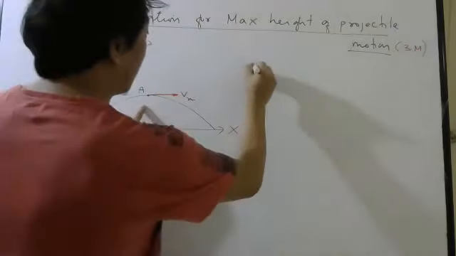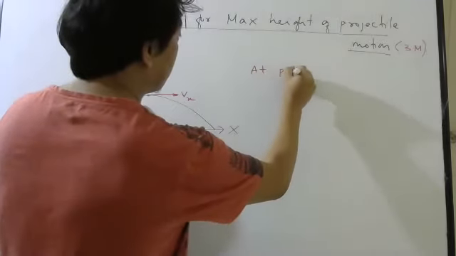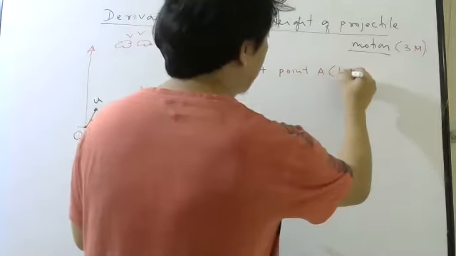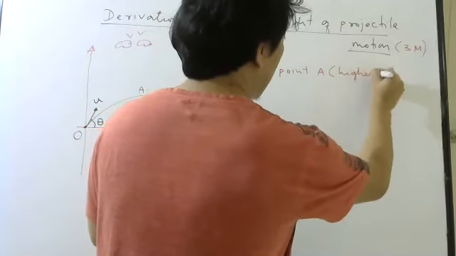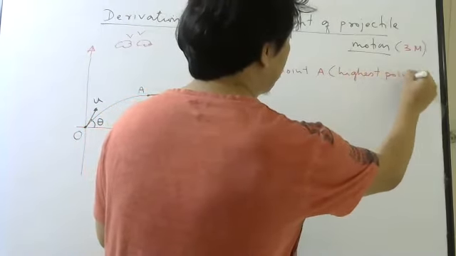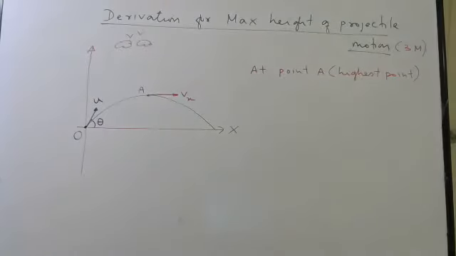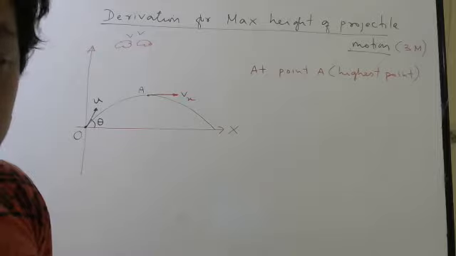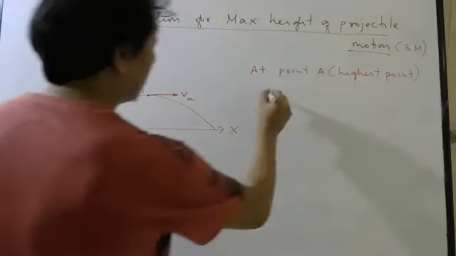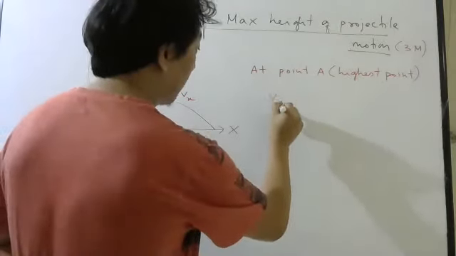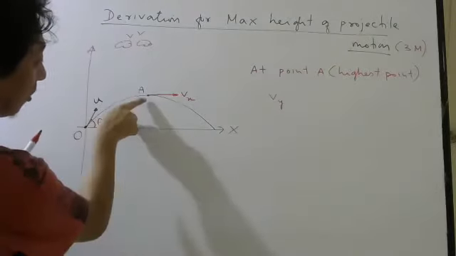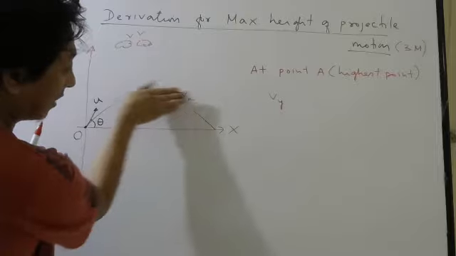So at point A, which is nothing but what point? Highest point. Can I say A is the highest point? Yes or no, students? So at point A, the y component of velocity will be 0 because at that point your velocity is along the x-axis.